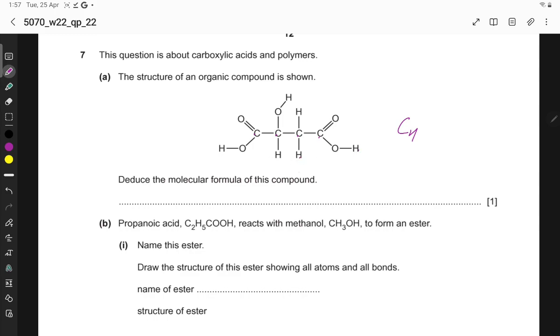And H: 1, 2, 3, 4, 5, 6, H6. And O: 1, 2, 3, 4, 5. So the formula is C4H6O5.